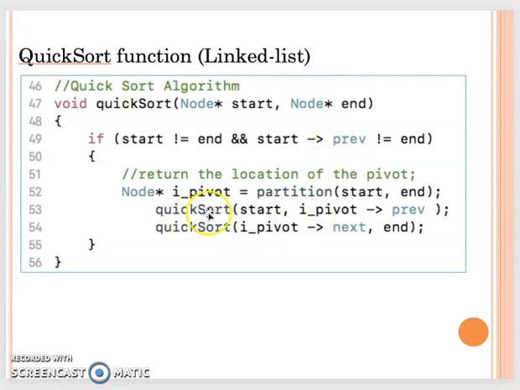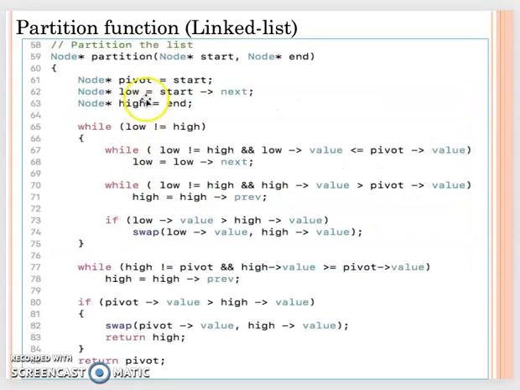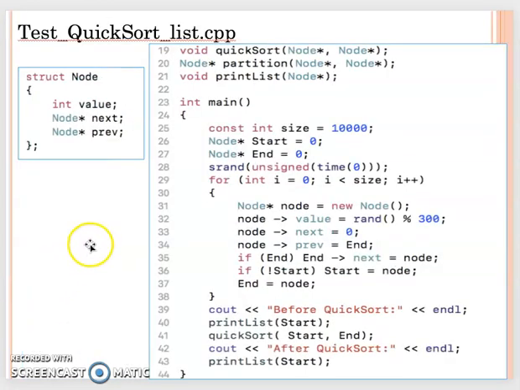Then the same thing, you need your partition function to return the pivot pointer, and then QuickSort the two lists. That's the linked list example. The same algorithm, just different syntax. I put the QuickSort linked list example in the canvas so you can download it and try your program.